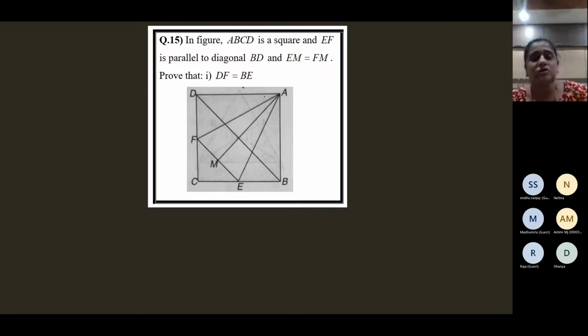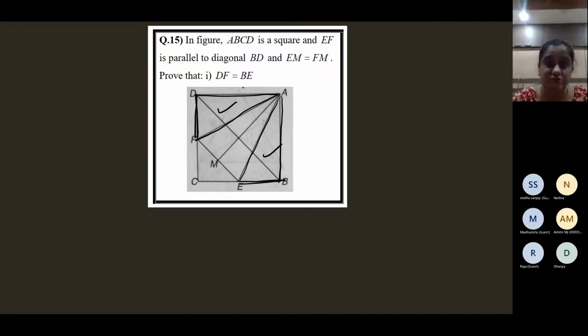DF is in triangle ADF, and BE is in triangle ABE. So you can take up these two triangles, show that they are congruent, hence BE is equal to DF. That's possible. Just think about it.